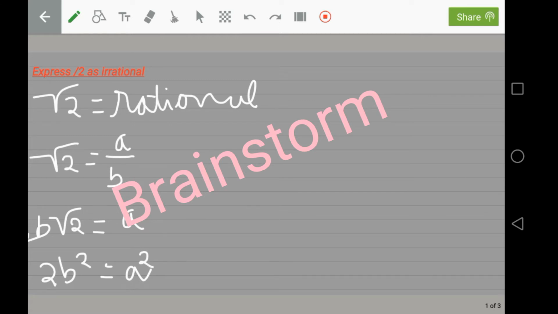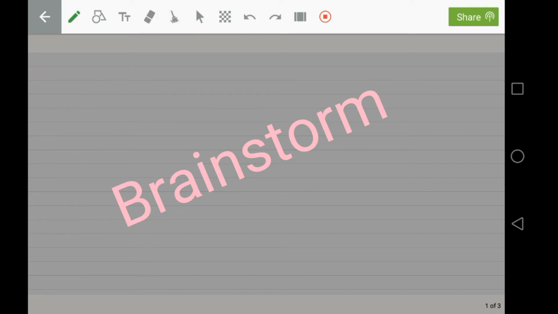So now this proves that 2 is a factor of a. The next step is that we express a as 2c, where c is any integer, and it can take any value.